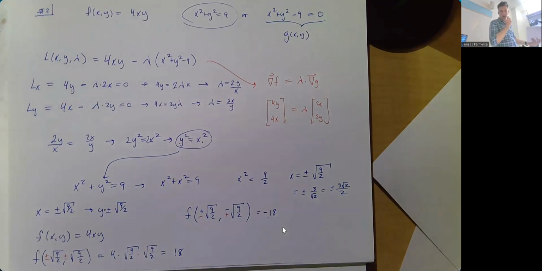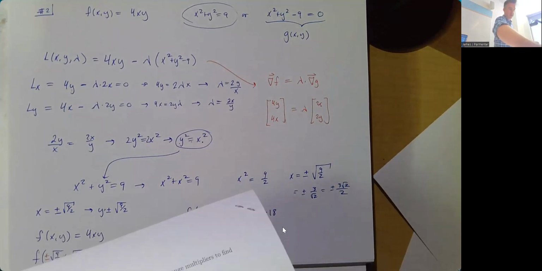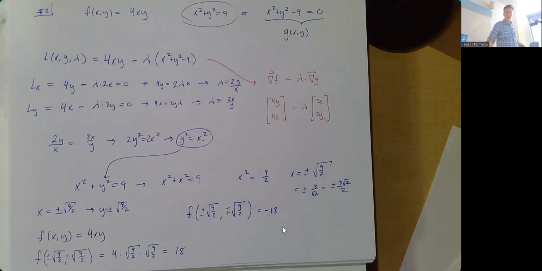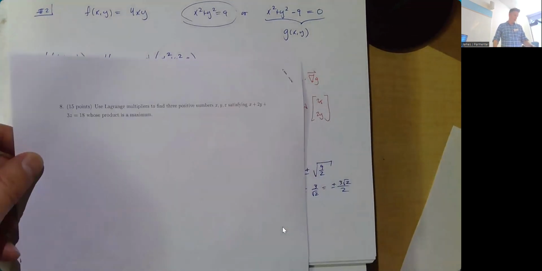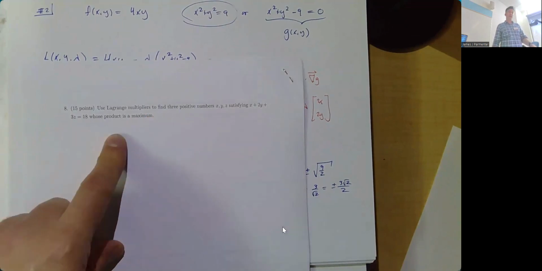So I'll point out, as far as all these go, I would say the one that's actually on the midterm that she gave is the one that requires the most thinking, because all these other ones say maximize. Well, actually, I think 2 probably also requires more thinking. The ones on practice exam 1 and 3 say use LaGrange multipliers to find 3 positive numbers that satisfy this, whose product is maximum.